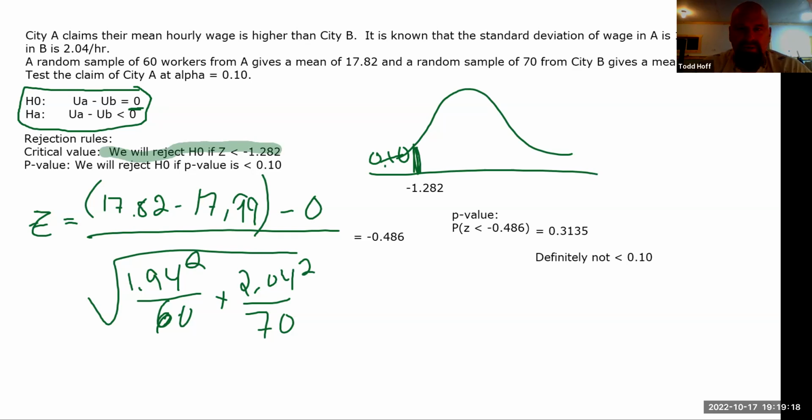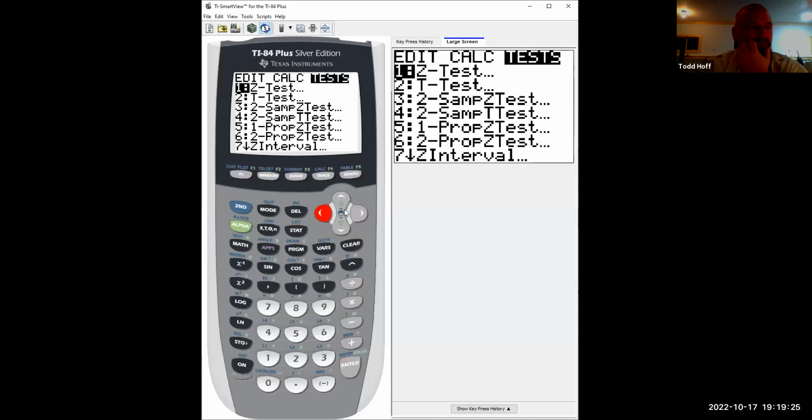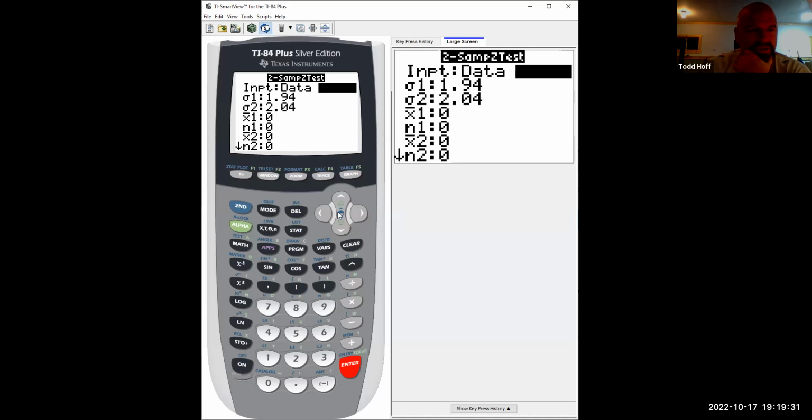So let's go to the calculator. We're going to go to stat, tests, and we have to go down to 2-sample z-test. So option 3 there. We're using the statistics. The standard deviation of population 1 is 1.94. Standard deviation of population 2 is 2.04.